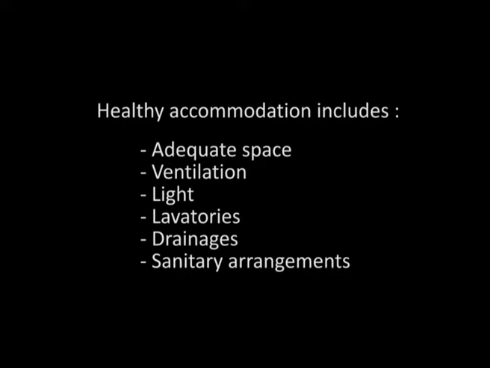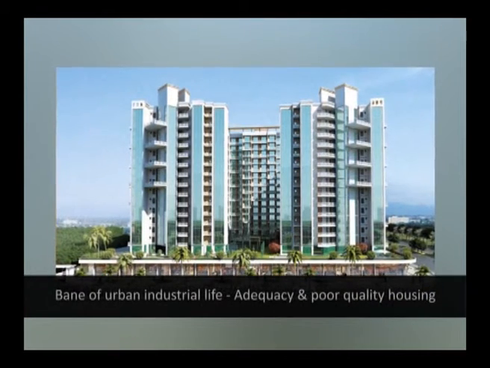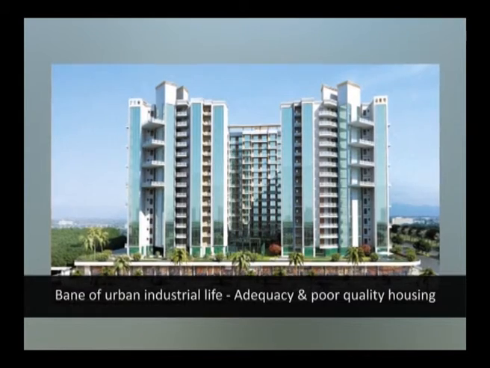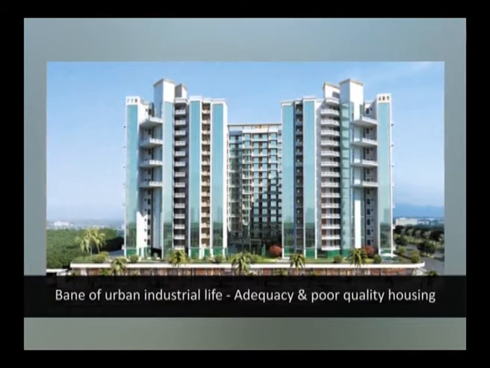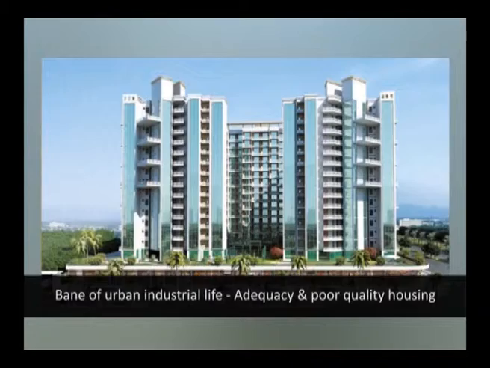It may be mentioned here that healthy accommodation includes adequate space, ventilation, light, lavatories, drainages, and other sanitary arrangements. But as against this, inadequacy and poor quality of housing has become the bane of urban industrial life.